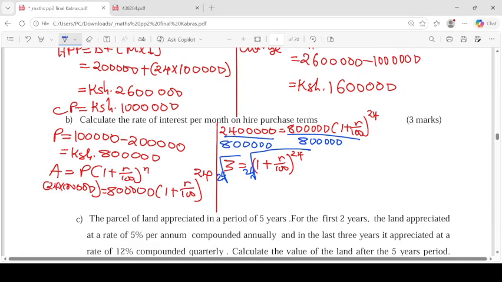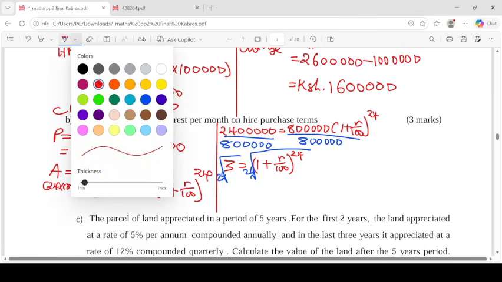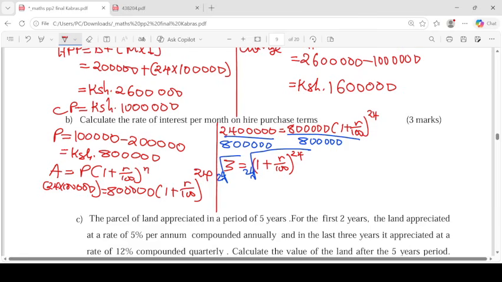Sorry, it is found by pressing 24 first, then shift, then the raise to power button, then you press 3. This will be 1 point 0468, being equal to 1 plus R over 100.